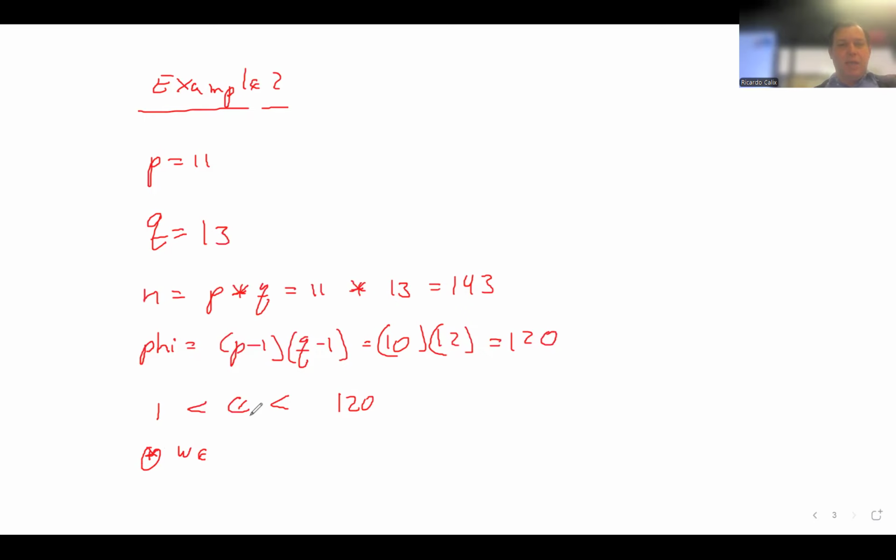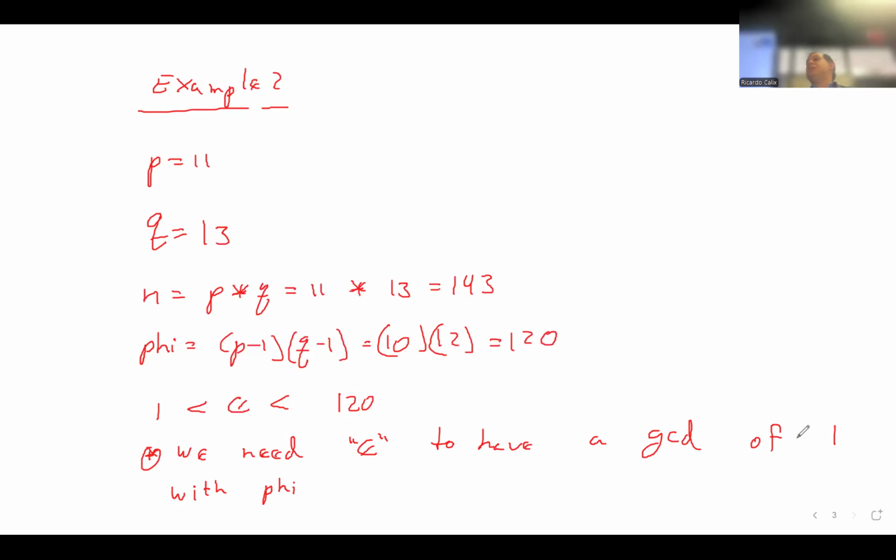We need an E that meets this condition, and also we need E to have a GCD of 1 with phi.